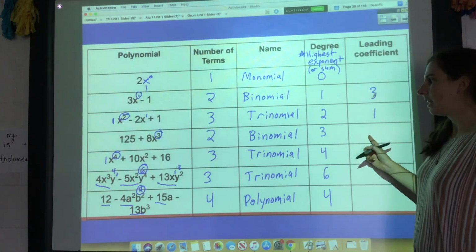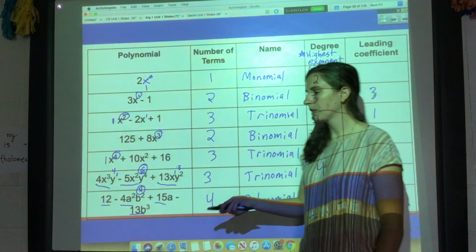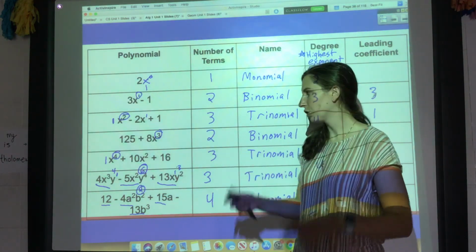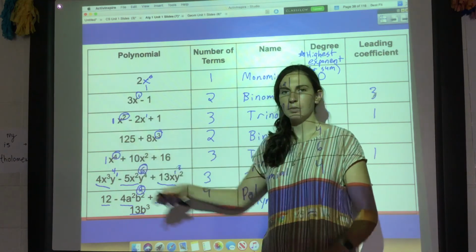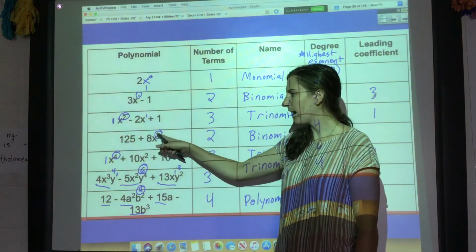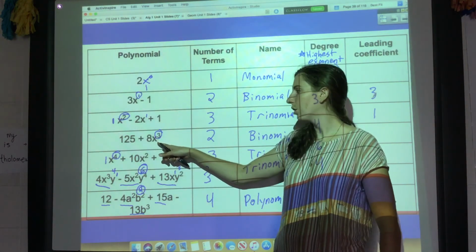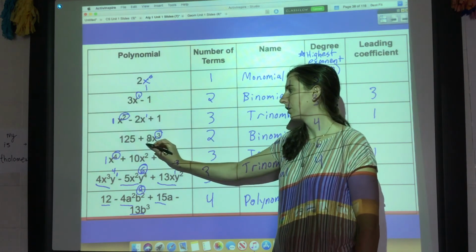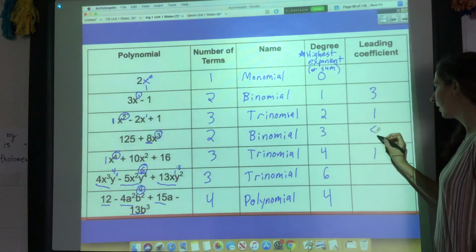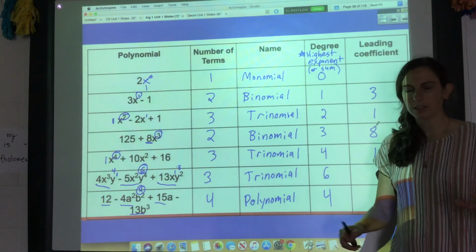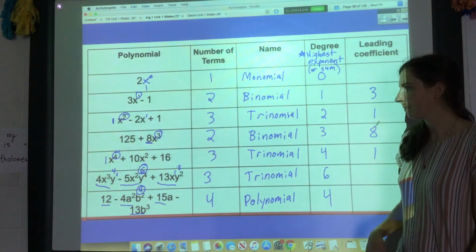On this one, it's not in order. To be a little more official, we would put this first and then put this on the end. It's okay, but since this is the highest exponent, my leading coefficient is the number in front of it, the 8. So basically it's just the number that goes with that highest exponent.